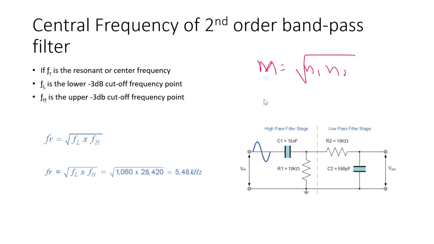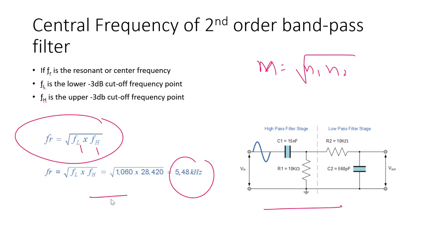So geometric mean is FL into FH under the root. So geometric mean of that previous filter would be 5.48 kilohertz. This is point, not comma. So this is the circuit and this is the geometric mean for that. Low frequency is minus 30 dB cutoff point and high frequency is plus 30 dB cutoff point, so do remember this.